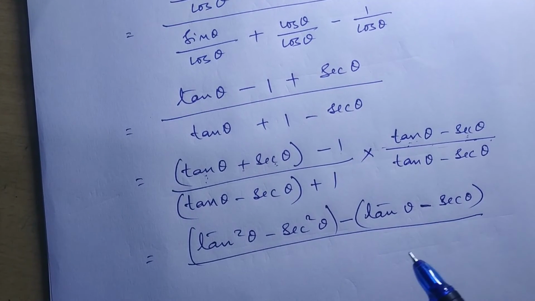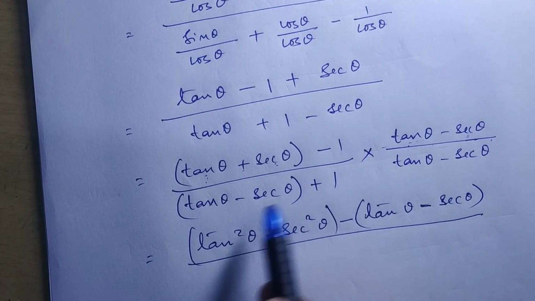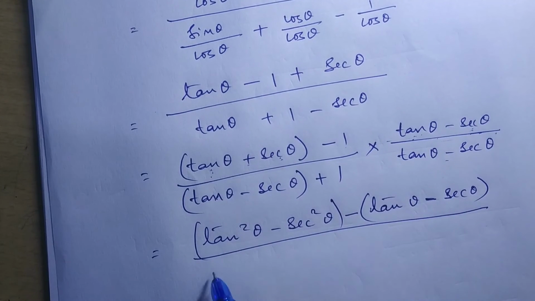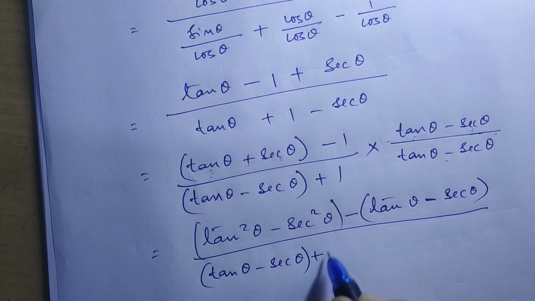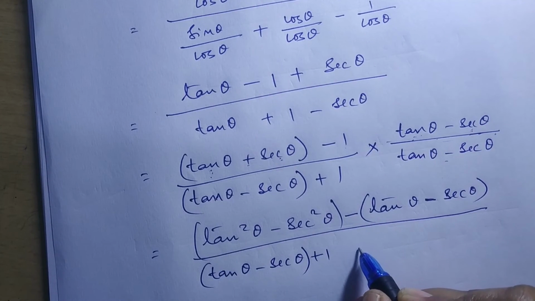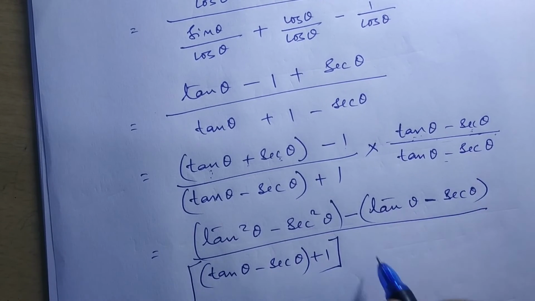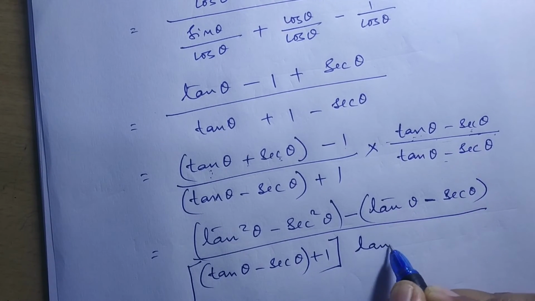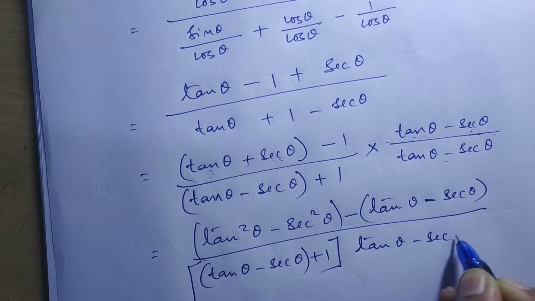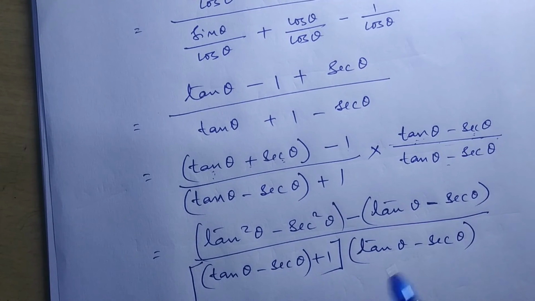And in the denominator it is the same thing, I am not changing anything. I'll just write whatever was there earlier, with a bracket over here and tan theta minus sec theta.